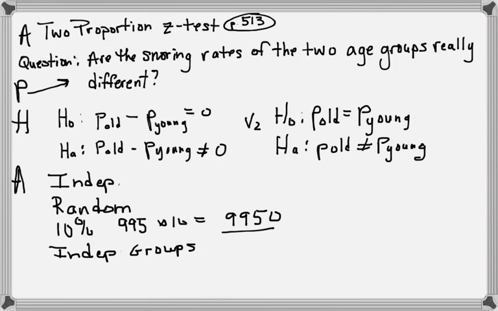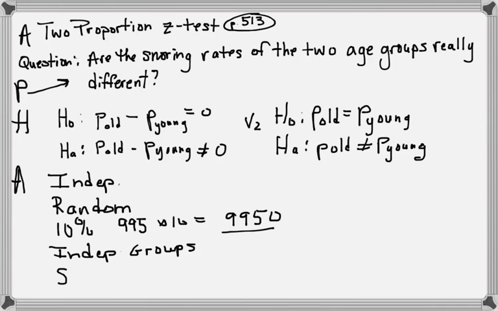Your independence would fail, and you would not be able to continue on doing a two sample or a two proportion z-test. It wouldn't hold up. Okay, so in this case we're good on independence. The younger group isn't going to have an influence over the older group. They were selected at random, so that's all good.